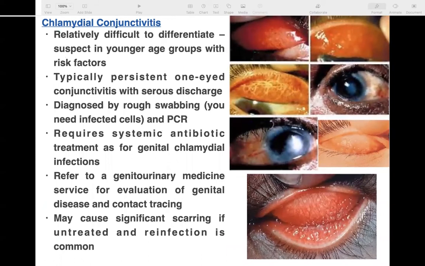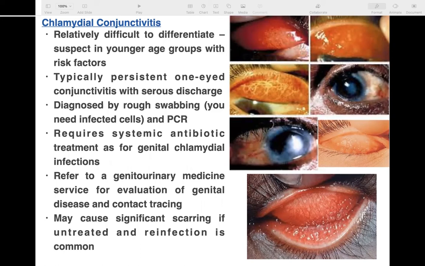This is one of the endemic diseases in Egypt, which is chlamydial conjunctivitis, which is related to the chlamydial group known as trachoma, Chlamydia trachomatis. It is relatively difficult to differentiate from the other causes of bacterial conjunctivitis, but you have to suspect it in younger age groups with risk factors.